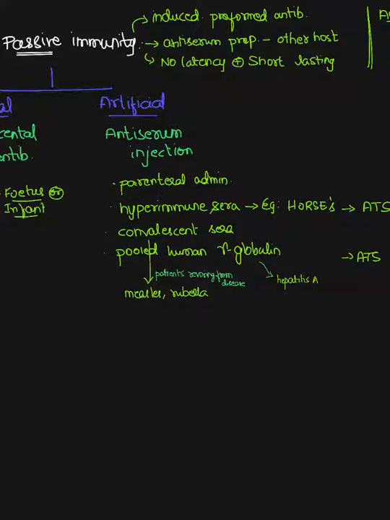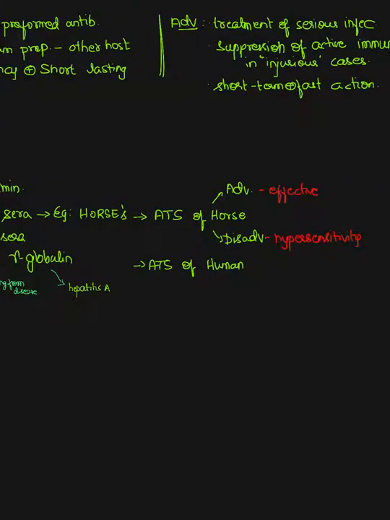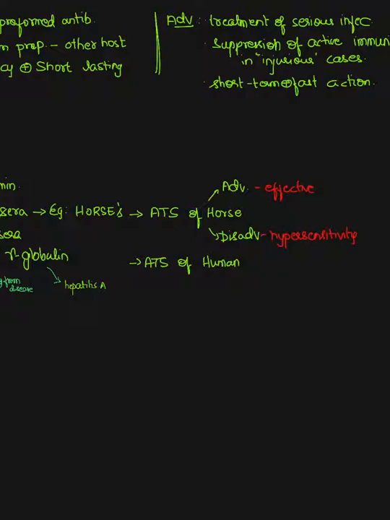There are three types of sera: hyperimmune sera, convalescent sera, and pooled human gamma globulins. Hyperimmune sera are given in the case of tetanus. In the earlier ages, horse sera was used for preparation of the anti-tetanus serum.